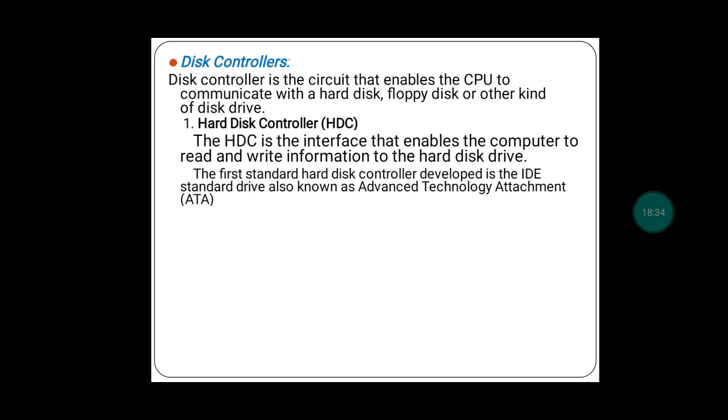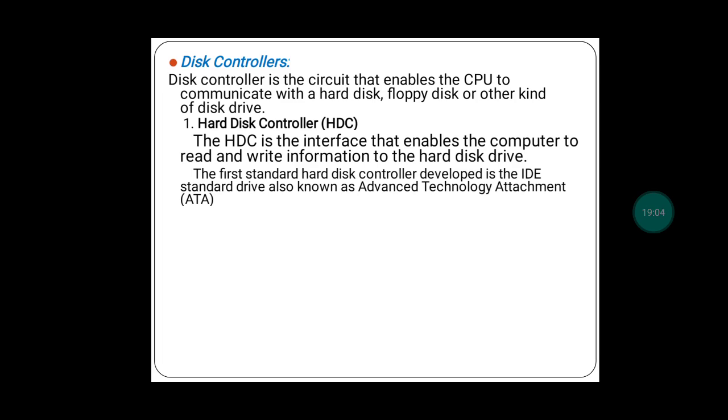Because we cannot store every data on RAM, the primary memory, so we have to go for secondary memories. So when you want to attach a hard disk to your computer system, at that time we should have a controller for this, that is nothing but the hard disk controller. So HDC is an interface which will allow the computer to read and write information to the hard disk drive.